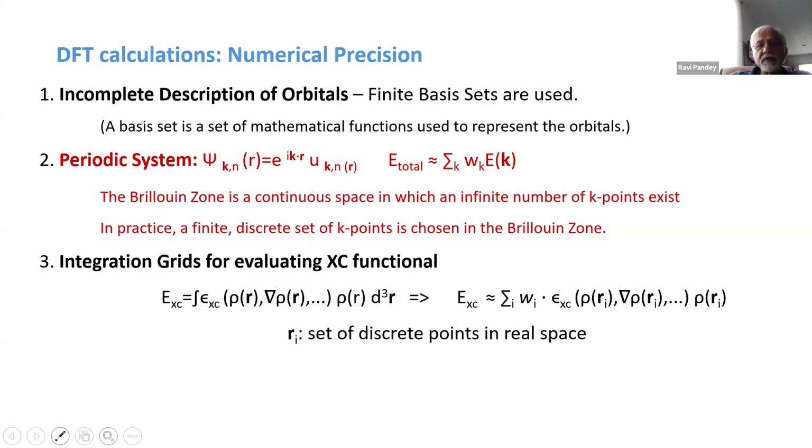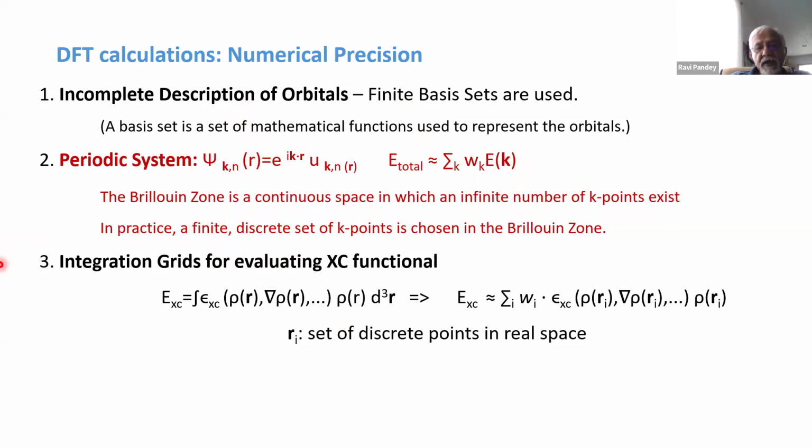If you remember the Bloch theorem, it brings in the periodic k vector, e to the power ikr, and the total energy then becomes a sum of these eigenvalues. So in a sense, we have a continuous space in the Brillouin zone where one should be using an infinite number of k points. But in practice, we use a finite set of k points, which gives you the error in these calculations.